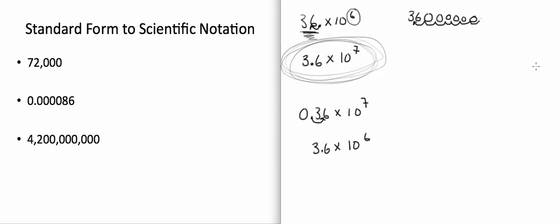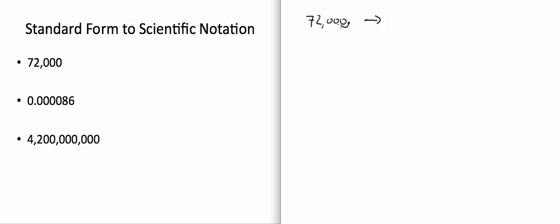Now we can also be given these very big numbers and go from standard form to scientific notation. So what we have here is 72,000. We've got to go to scientific notation. We're going to start with our decimal spot and move it until we get to a number between 1 and 10.